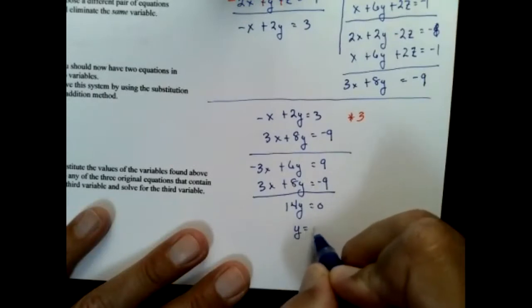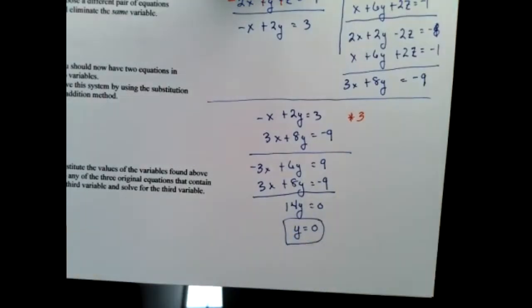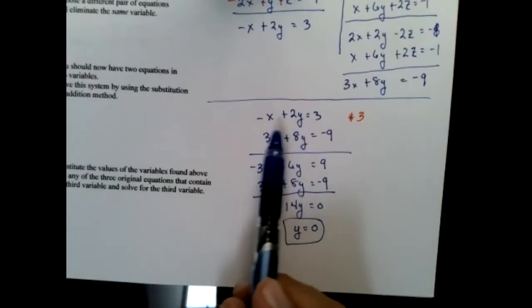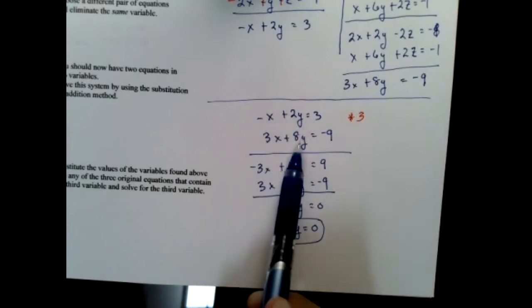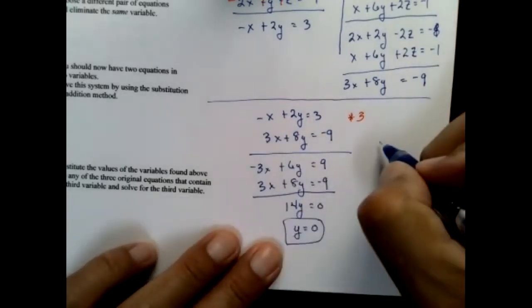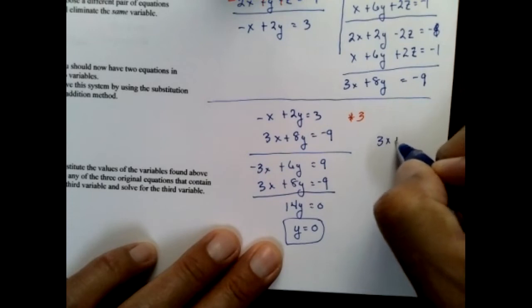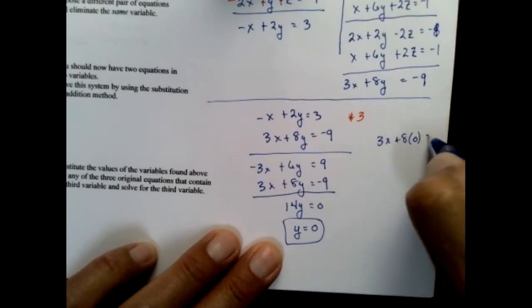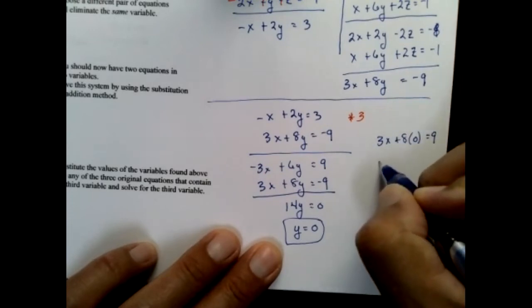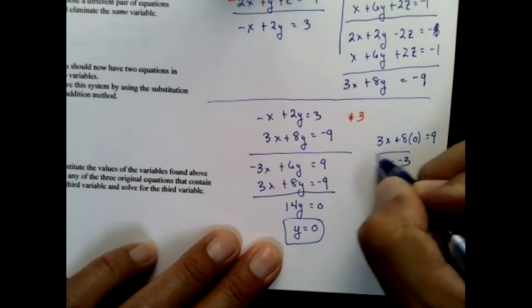Hey, y equals 0. Now I can come in here where there was a 2 by 2 and plug in 0 for y. 3x plus 8 times 0 equals negative 9. Looks like x equals negative 3.